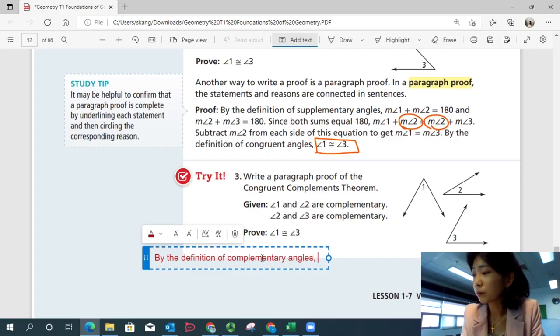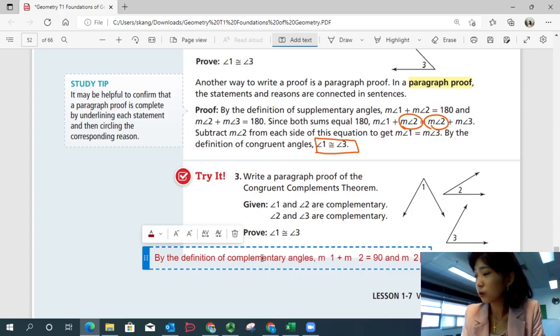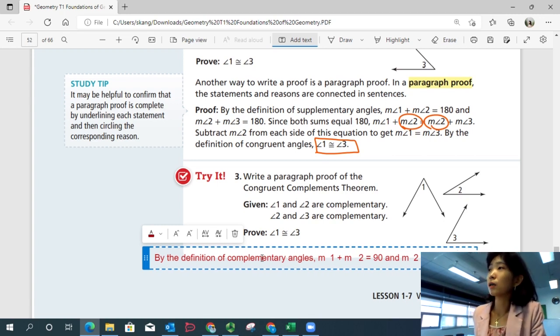What do you know? Measure of angle 1 plus measure of angle 2 is equal to 90, and measure of angle 2 plus measure of angle 3 is equal to 90.